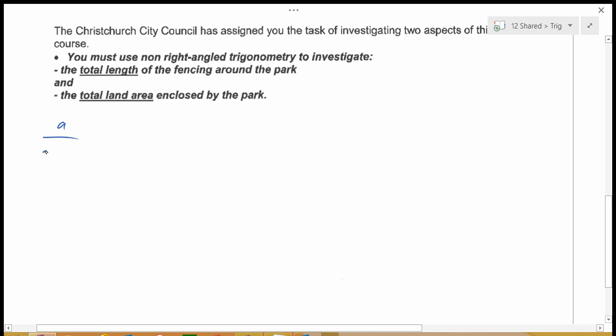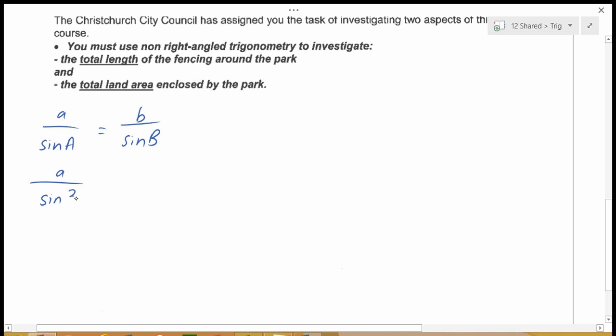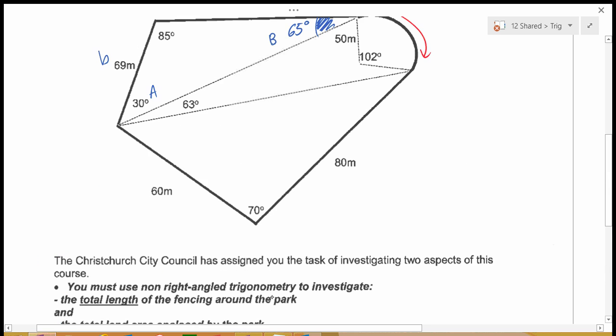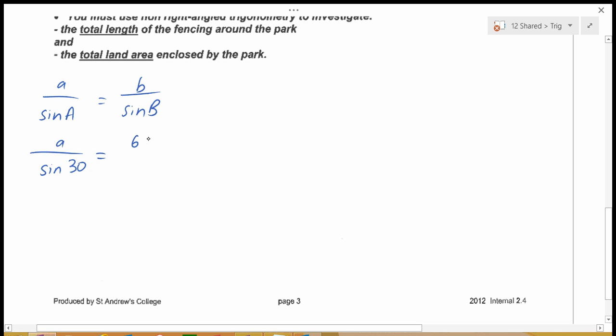I'll write that down here, so I've got plenty of room. So I've got A over sine A equals B over sine B. Now I'll substitute in. A we don't know, but we know the angle of capital A is 30, so I've got A over sine 30 equals 69 for B over sine 65.